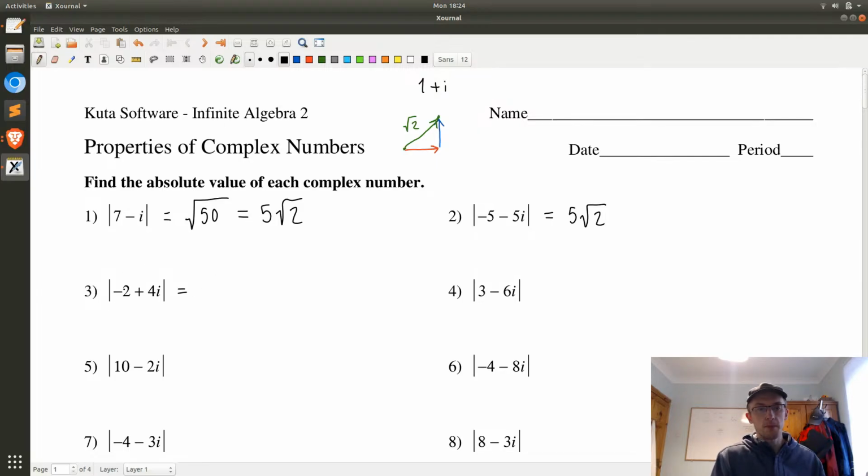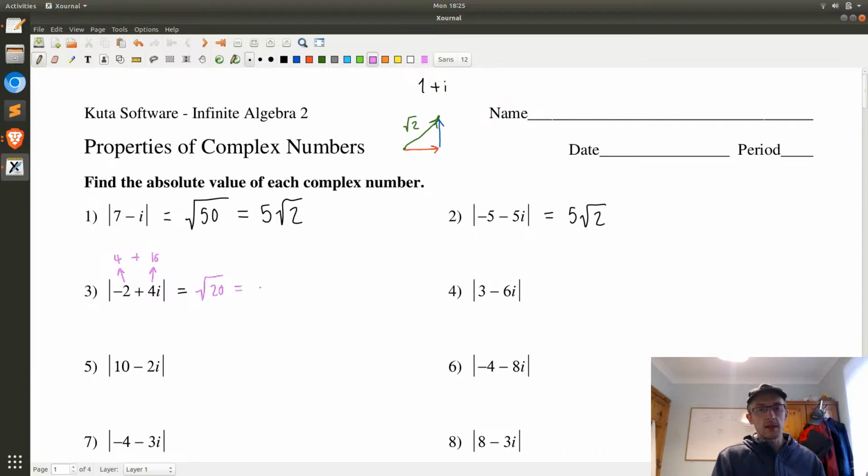So we'll proceed forward. In my mind, I just sort of block out the plus and minus signs because they don't really matter when you're squaring. And so I just instantly turn them into squares. So I see that 2 and it triggers a 4. I see that 4 and it triggers a 16. I add them together and I get a 20. And then I square root that 20.